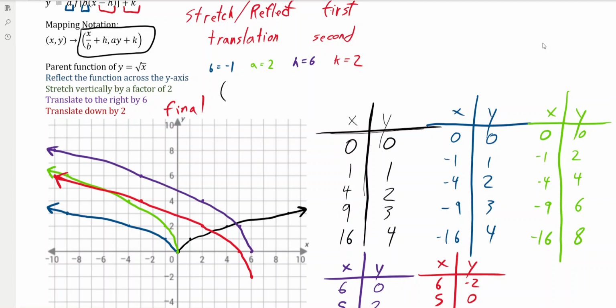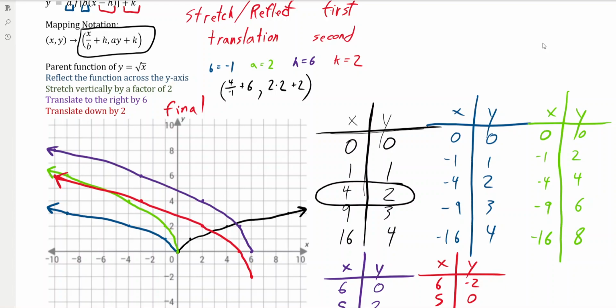So we would put all of our values in and then put our original values. So which point do we want to do? Let's pick this point. We can pick any point we want, but let's pick that one. So 4 over negative 1 plus h, which is 6, comma, and then we have 2 times 2, yep, plus 2. So let's see if this works out for us.